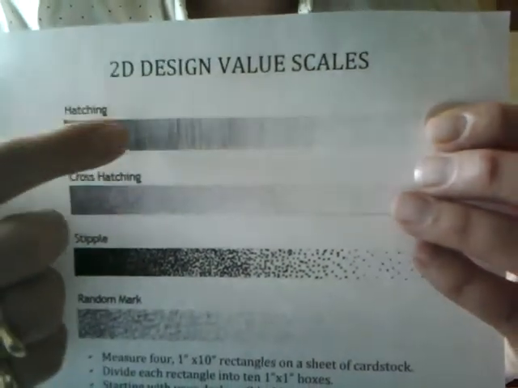But what I want you guys to do is create a chart that looks like this. And each of those charts has 10 individual 1-inch by 1-inch boxes. So I'm going to be showing you how to set up this chart in just a moment. And then we're going to be using this chart in preparation for an upcoming project that we'll be talking about later.